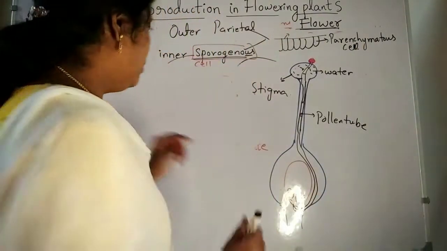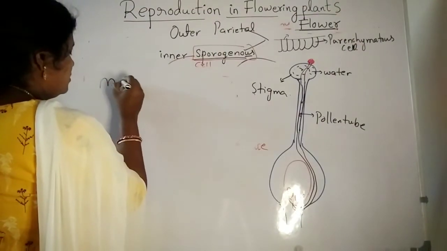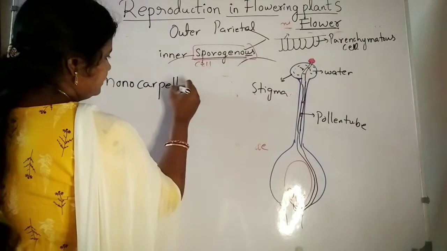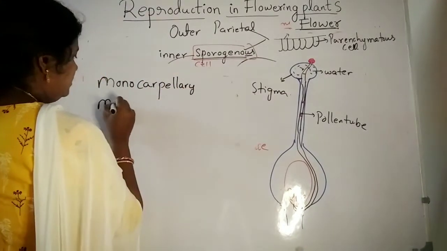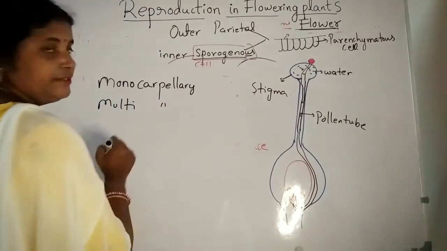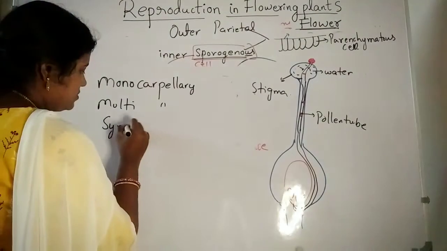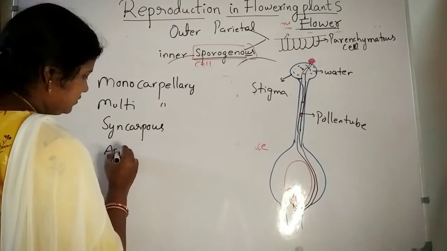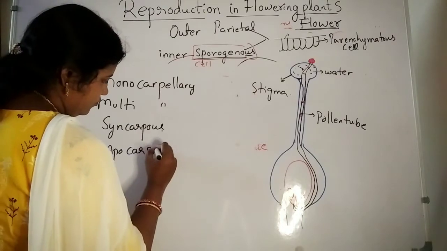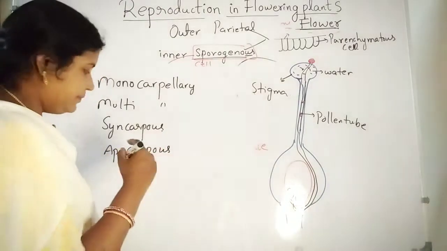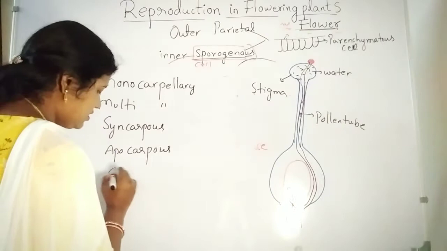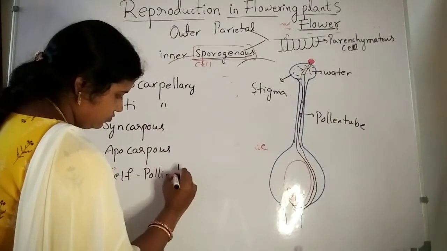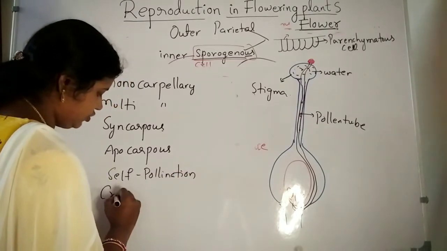First one is monocarpellary, multicarpellary, syncarpous, and then apocarpous, after that self-pollination, cross-pollination.